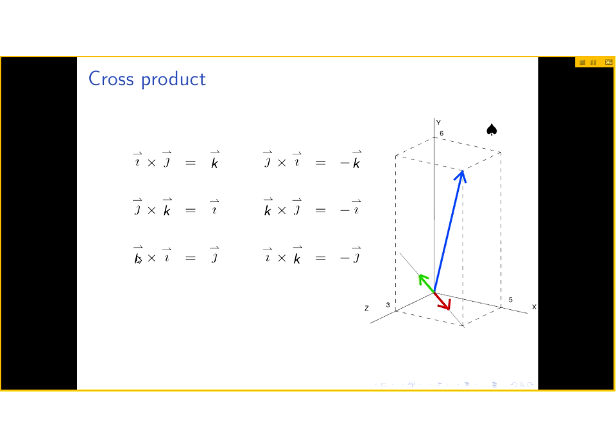And you can do the same to confirm the other 4 identities on this page. So these 6 identities in total will be quite often used in dynamics, and you should be able to figure them out quite quickly. These are not included in the formula sheet during the tests and the exams, because we believe that you can figure them out quite quickly.